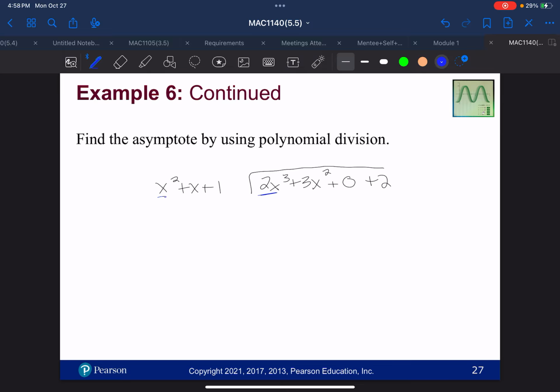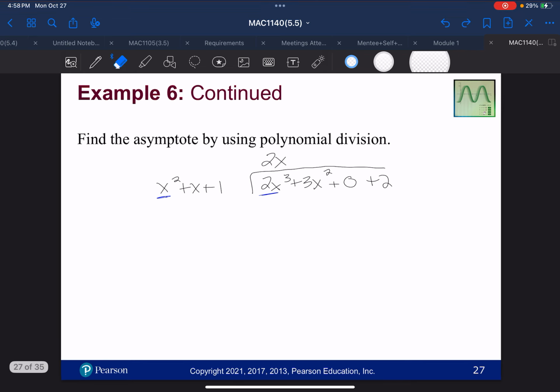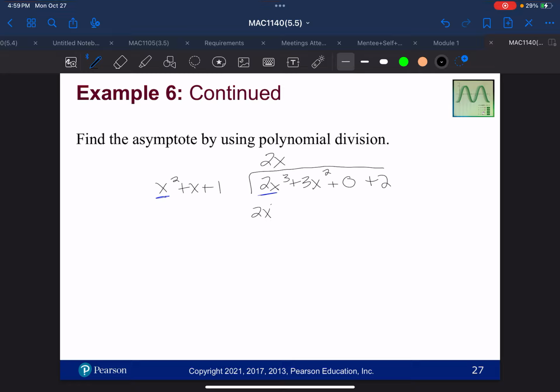So to begin long division, I'm going to divide that 2x cubed by x squared first, and that will give me 2x. And then I will multiply 2x by all of this, and that will give me 2x cubed plus 2x squared plus 2x.